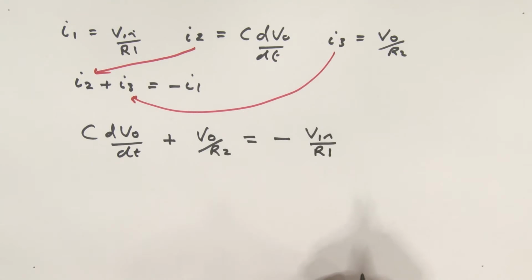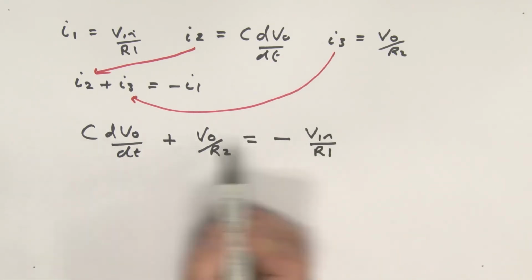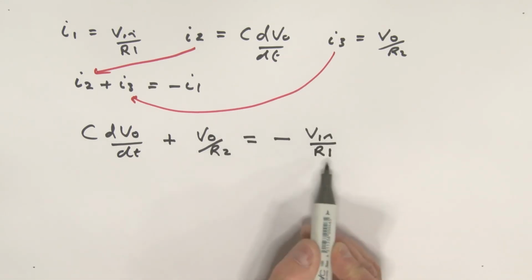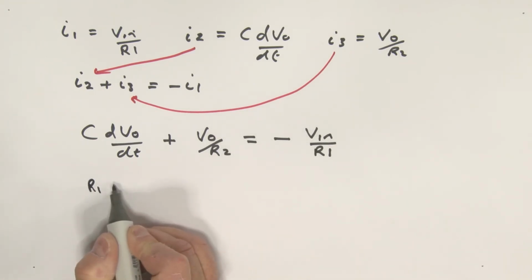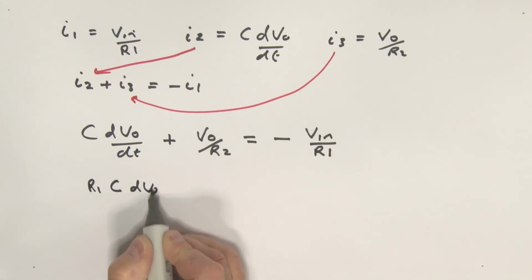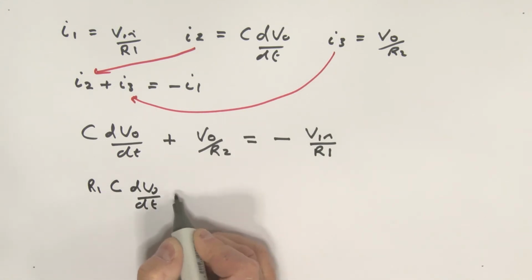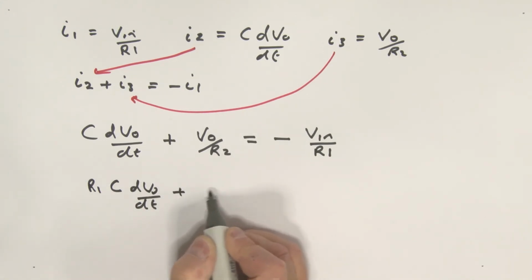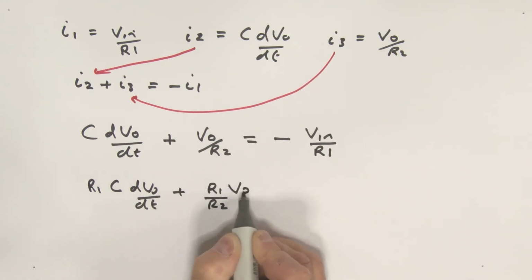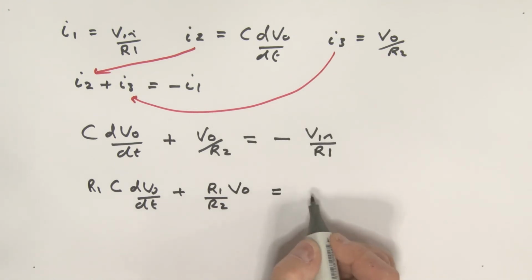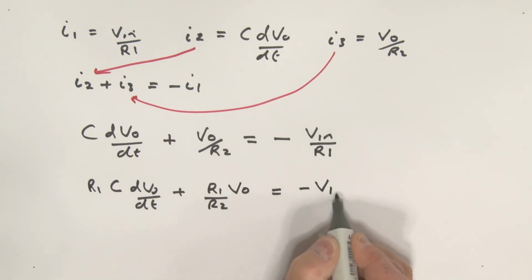Let's multiply throughout by the resistor value R1. If we do that, we get R1 C dVO by dt, plus R1 divided by R2 times VO, and that is equal to minus V in.